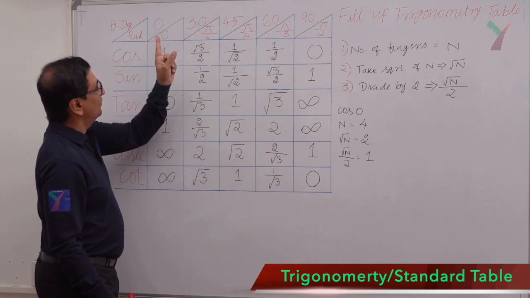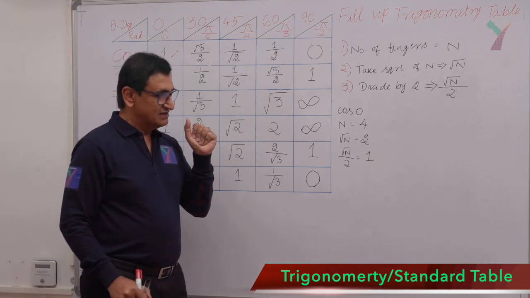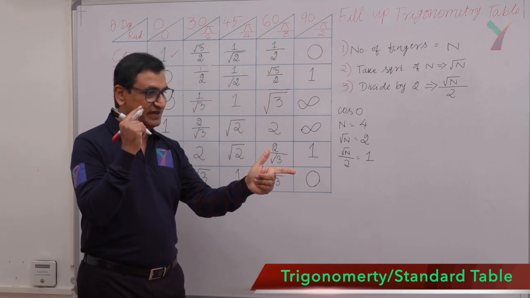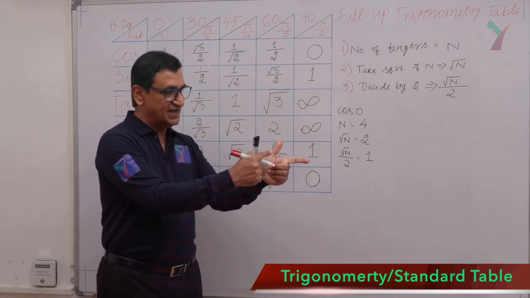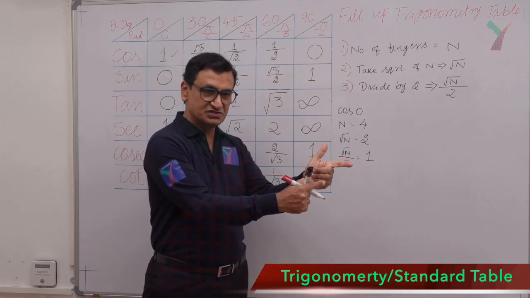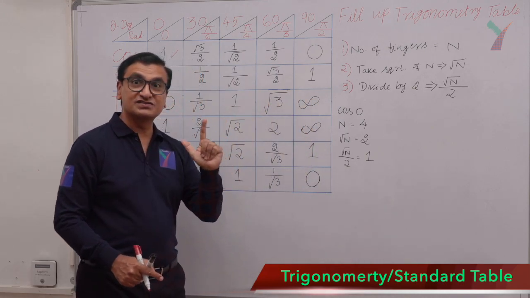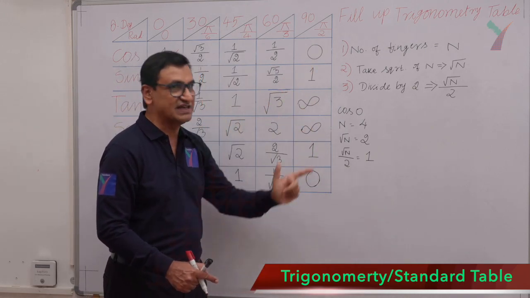Next, cos 30. Place value for 30 is your index finger. So I have extended the index finger and now count the number of fingers closed. It is 1, 2, 3. Let us calculate cos pi by 6 using this algorithm.